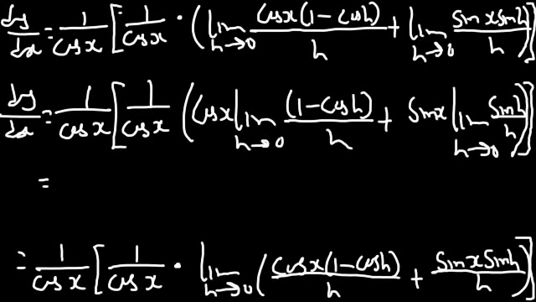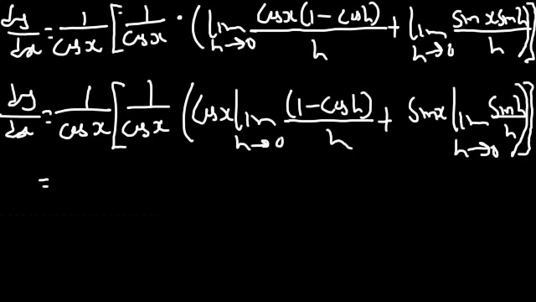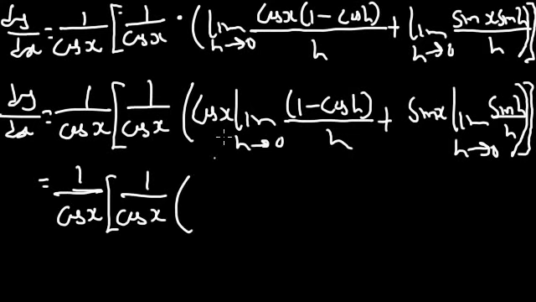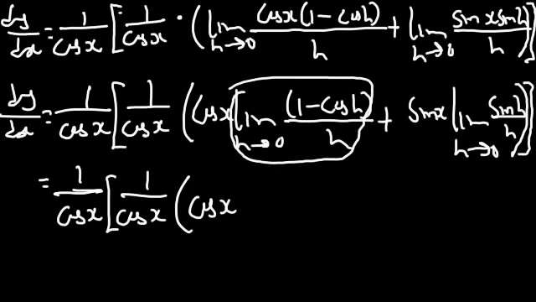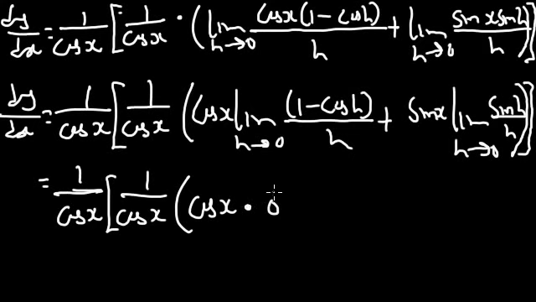Now this is equal to 1 over cos x times 1 over cos x, then multiply by cos x. Now you need to understand that the limit as h approaches 0 of 1 minus cos h over h is simply 0. So times 0. You can confirm that with your calculator.